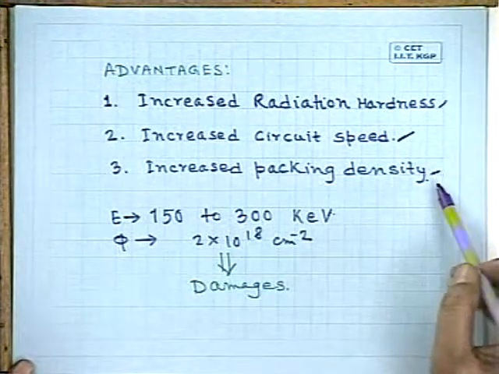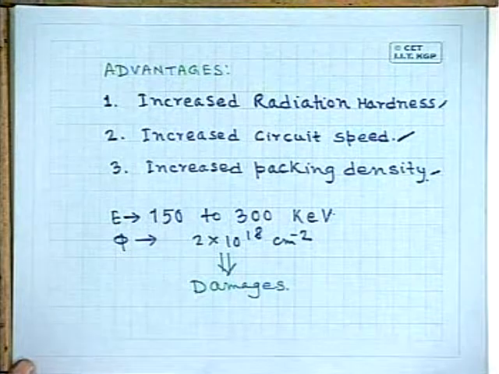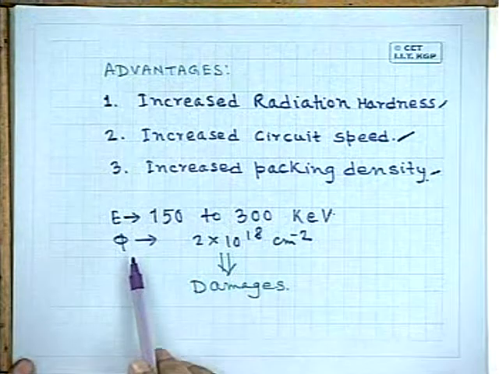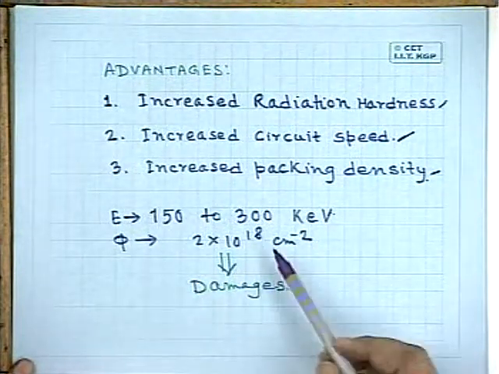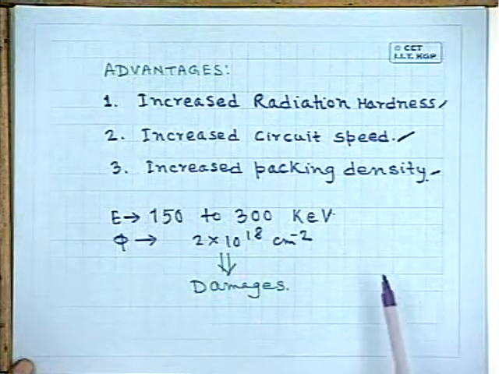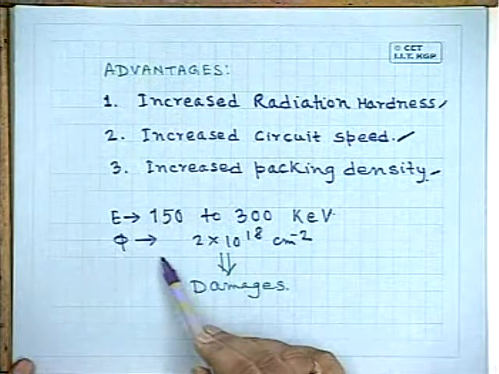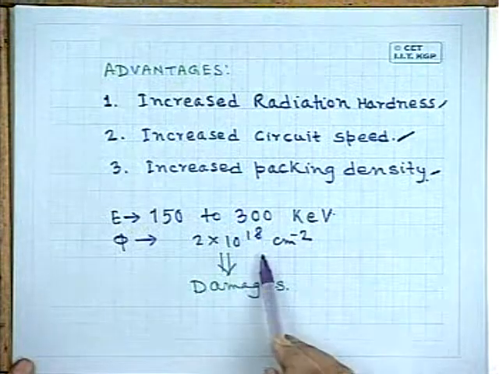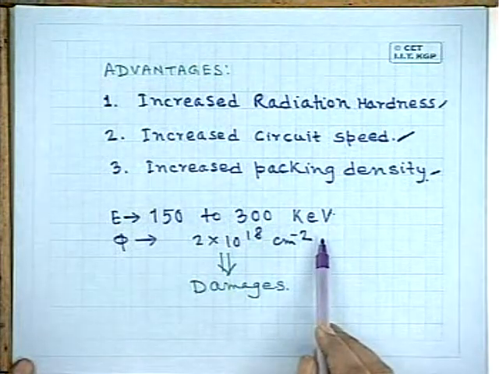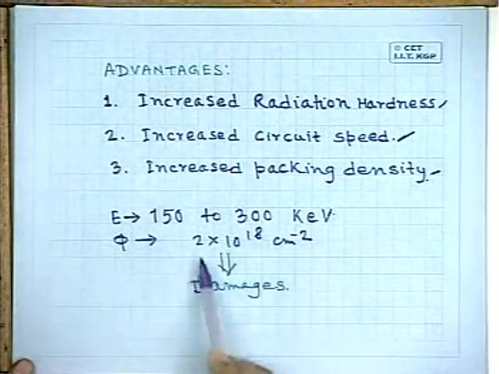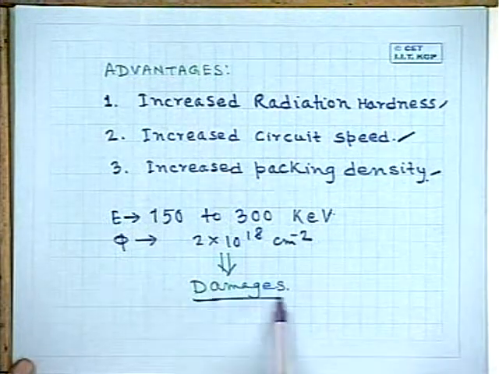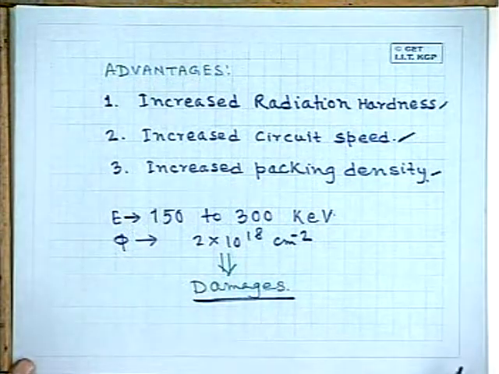Okay, and as I mentioned, in SIMOX technology the energy used is 150 to 300 keV, and the dose is nearly 2 into 10 to the power 18 per centimeter square. So obviously, this high energy and high dose will produce some damage on the surface of the crystal.